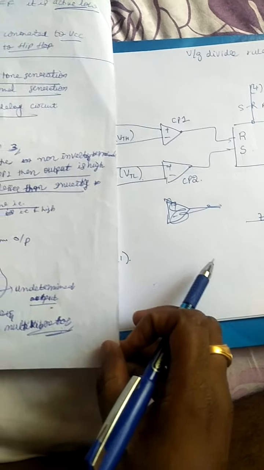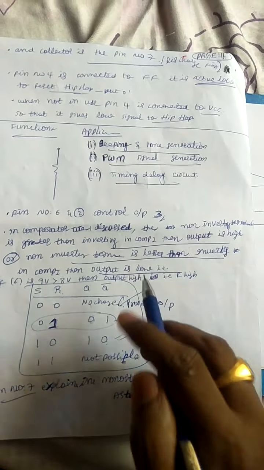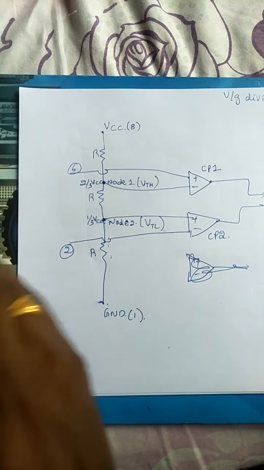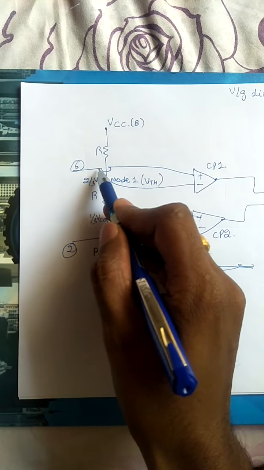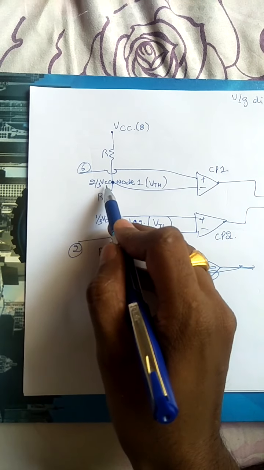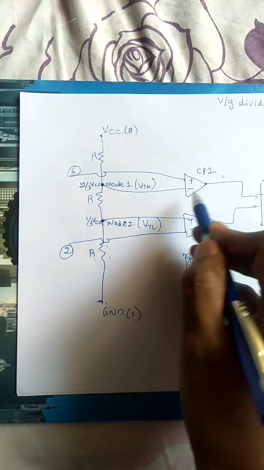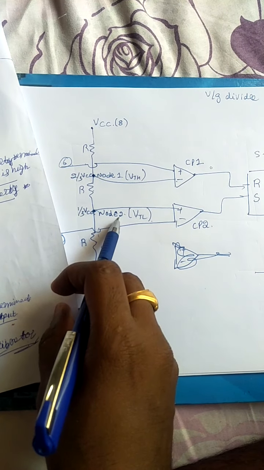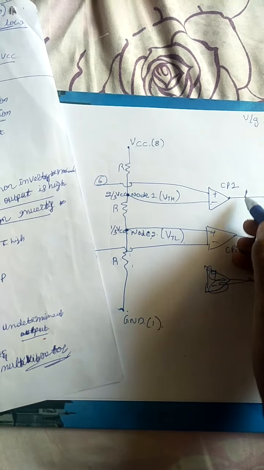So in the comparator, as we discussed, if the voltage at the non-inverting terminal, that is pin number 6, is greater than the inverting terminal 2/3 of VCC, then the output is 1.